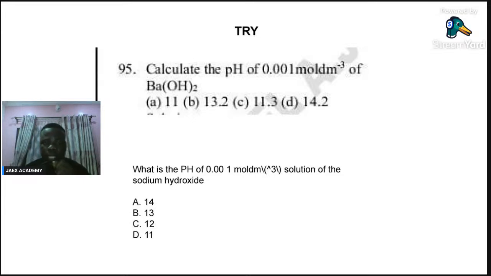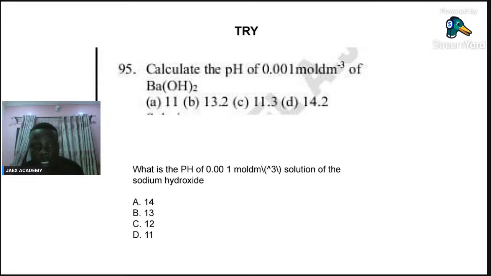Then the second one is from JAMB. 95, you can see I picked it from past questions. So my nursing guys, please solve.